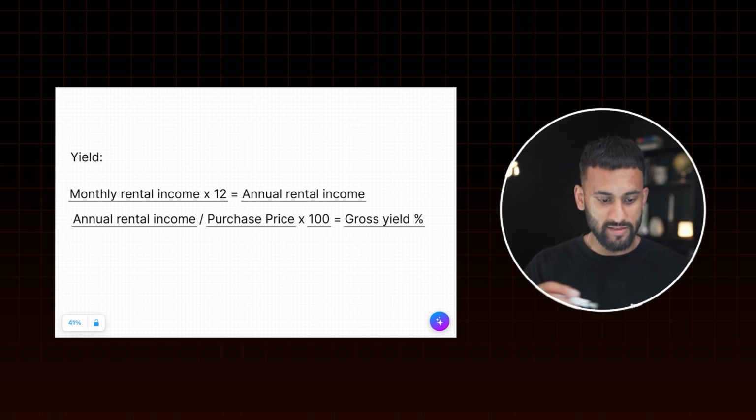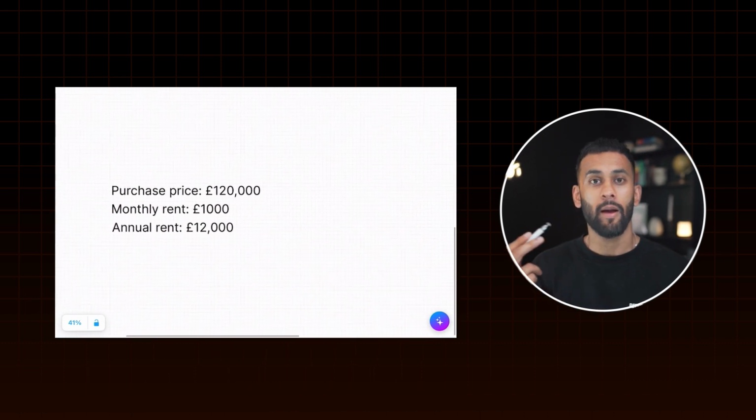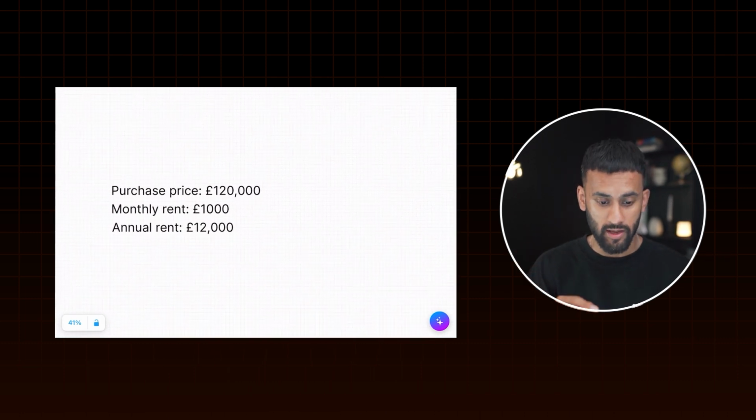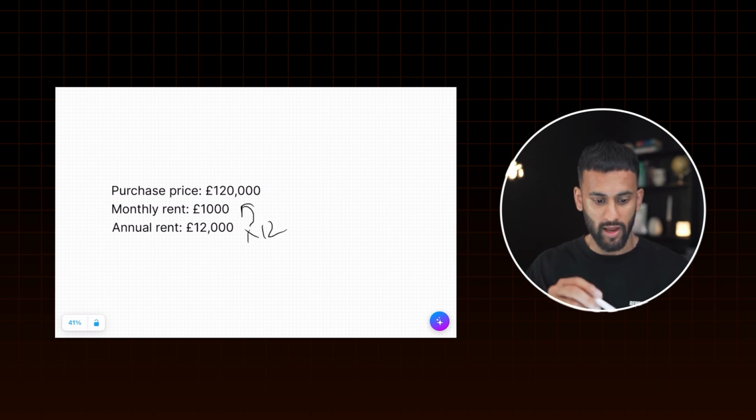So let's go through an example. Let's say you purchased a property, or you're about to purchase a property, for £120,000. And the monthly rent on that property is £1,000 a month, which gives you an annual rent of £12,000. The way you get the annual rent is you just times that £1,000 by 12. Straightforward.